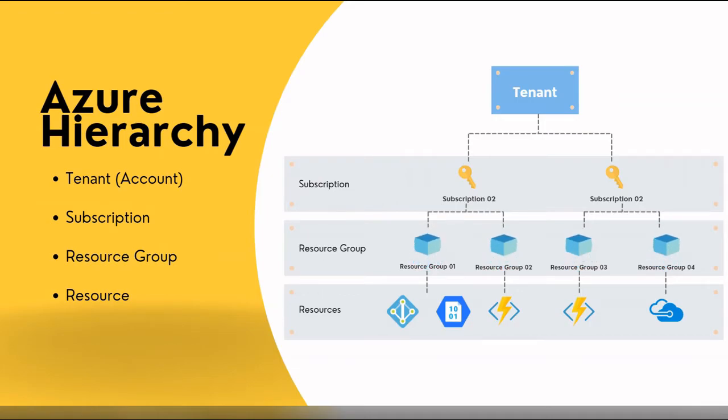A resource group can represent an initiative or a sandbox in a department. Finally, the lowest level is resources, which are below the resource group. They can be Azure Data Factory, Azure Storage, and so on. We will discuss more details on how you should structure the Azure hierarchy in your tenant in the coming episodes.